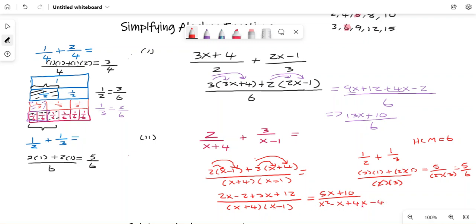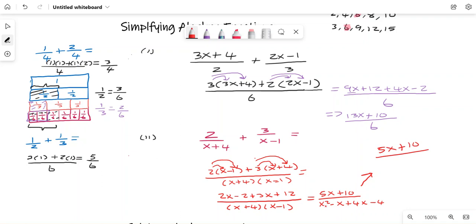And then if we simplify this, let me just get rid of this up here so we have a bit of space to work. It's going to be 5x plus 10 divided by x squared, so we're just simplifying the bottom part, minus x plus 4x gives me plus 3x, and then minus 4. Okay, so it looks something like that.